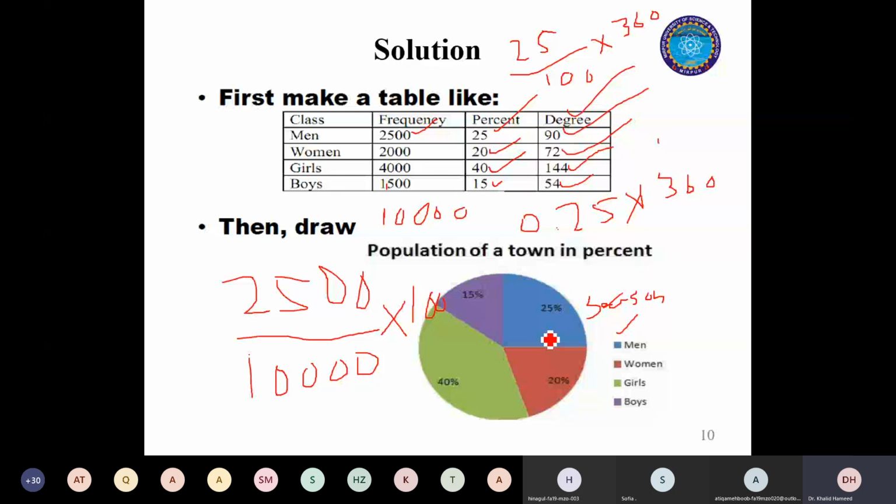I cannot accommodate the season in this pie chart. Impossible. So the biggest limitation of the pie chart is that it can accommodate only one variable.